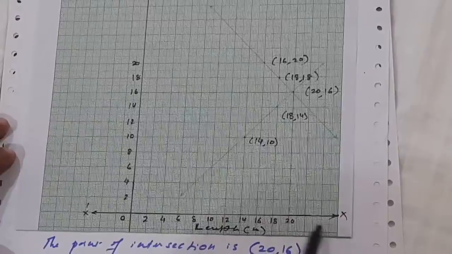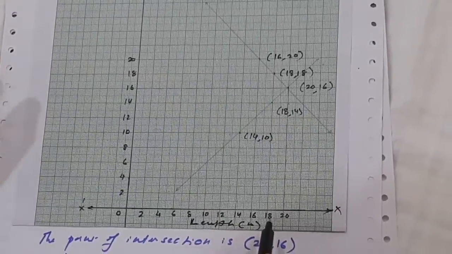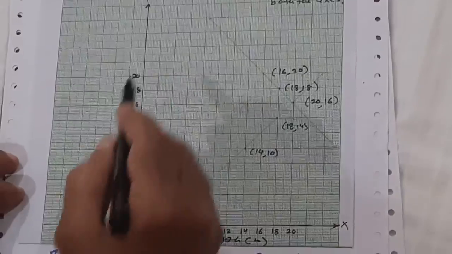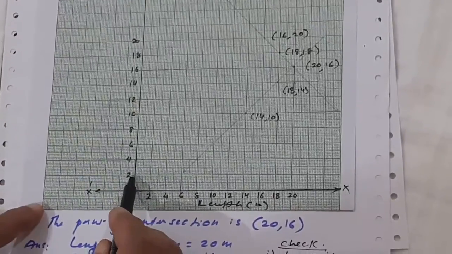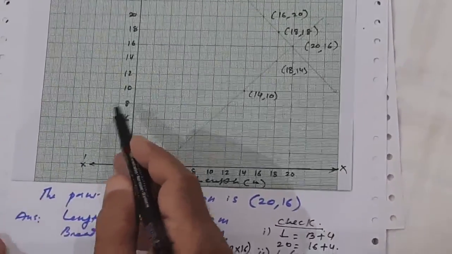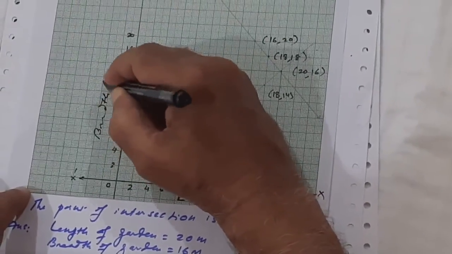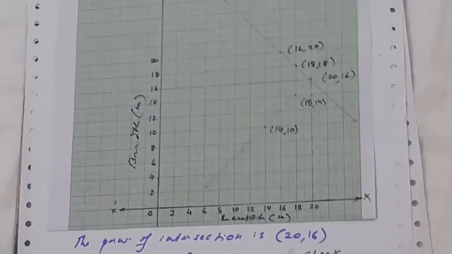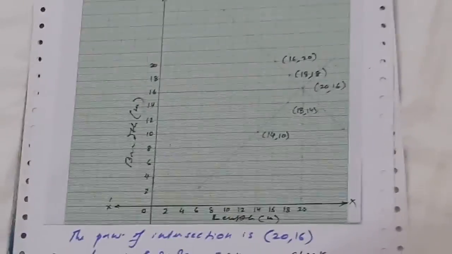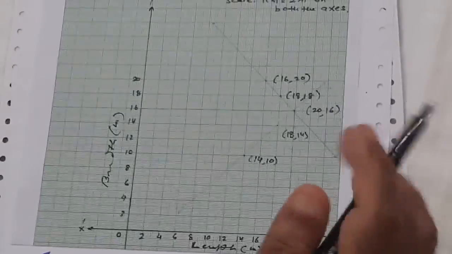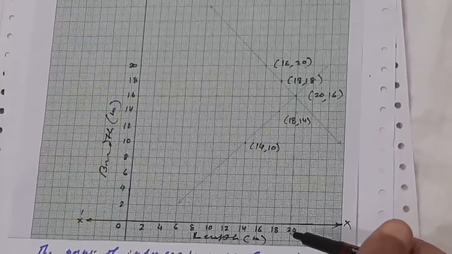And so x will be representing the length value, and this will be the breadth value. So again 2, 4, 6, 8, 10, and so we can write here breadth in meter. Now let us plot the points. I have already plotted the points. I will show you. First one is 18, 18.